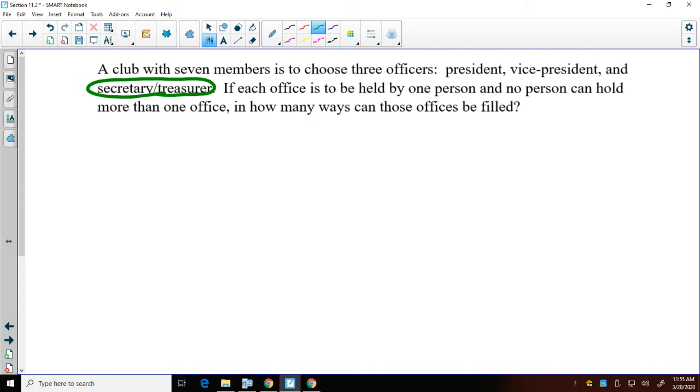Well, again, we just did this. So our N is 7, because that's how many people we have. Okay, P, and what are we choosing? 3 officers. Okay, so all we're going to do is go into our calculator and do 7P3.